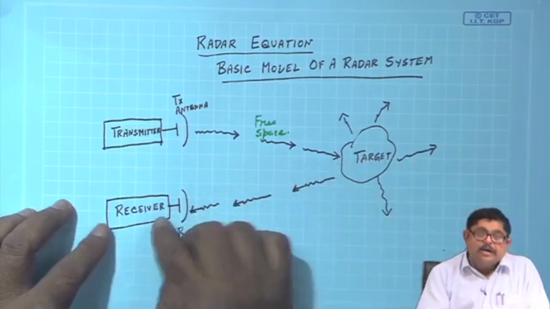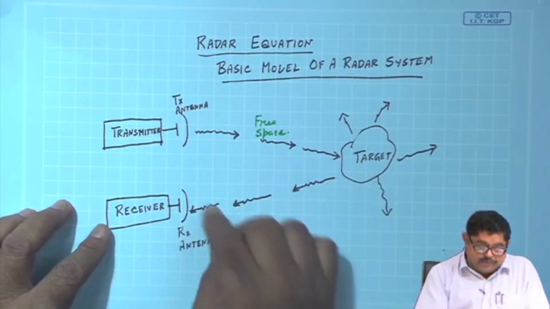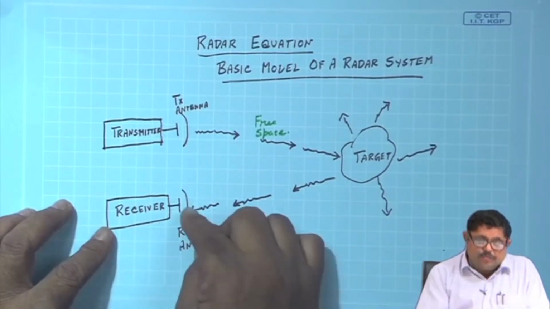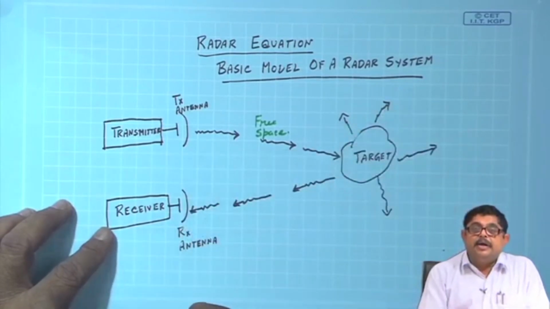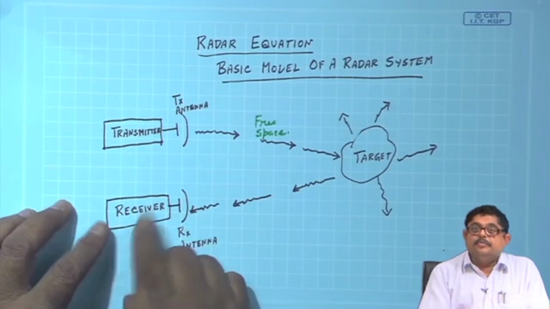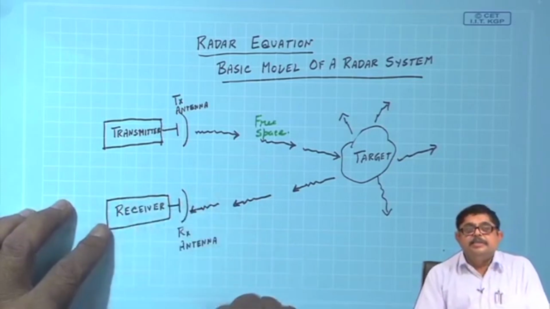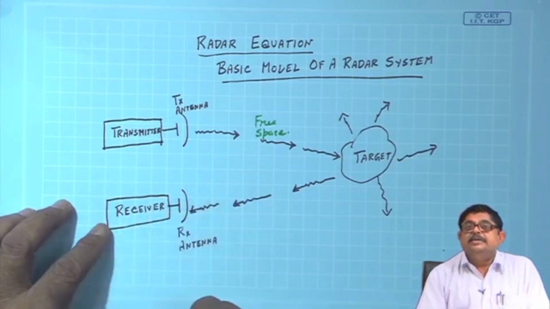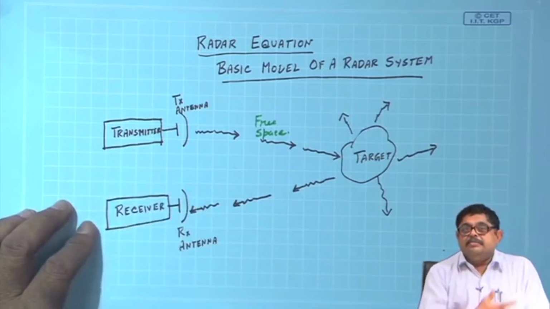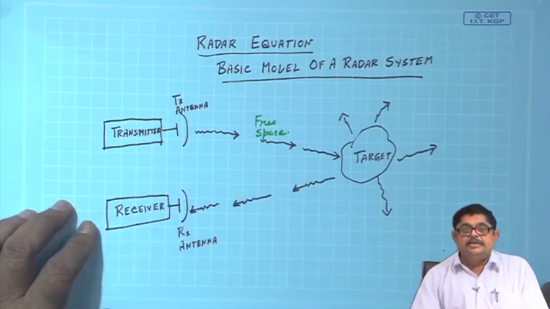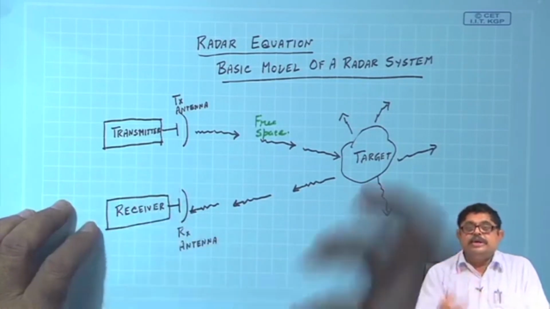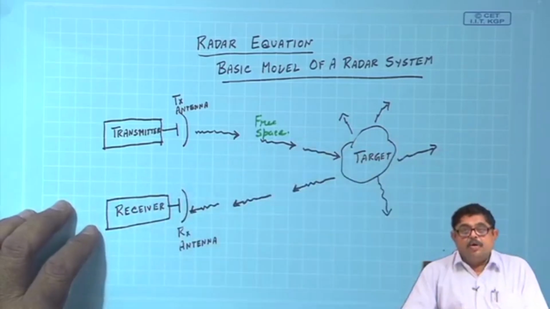Whatever energy comes falls on the radar receiving antenna, which passes that power to the receiver, and the receiver measures the received signal, called the echo by radar people. The various functions of radar that we have discussed are carried out by processing that echo. So, this is the model.